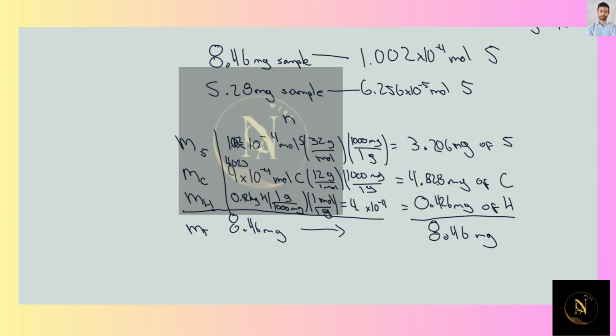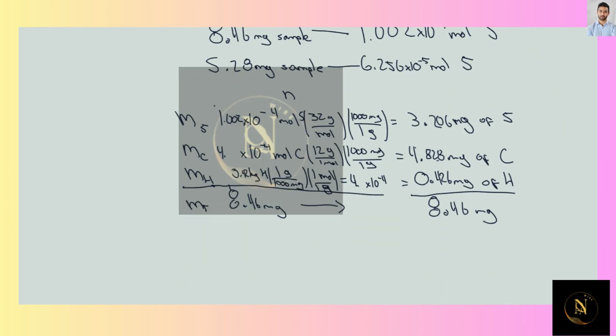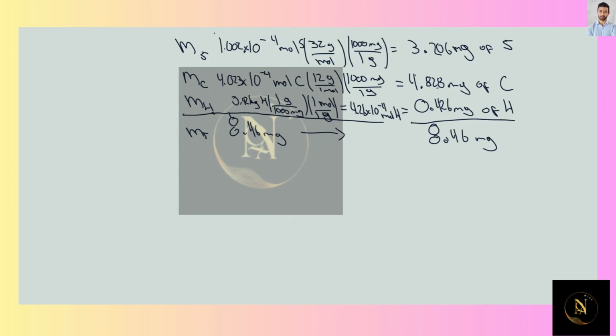Let me erase the other numbers just to make it clear. 1.002 times 10 to the minus 4, and 4.023 times 10 to the minus 4. So over here we will get 4.26 times 10 to the minus 4 mole of hydrogen. So with this, we now can get our empirical formula.